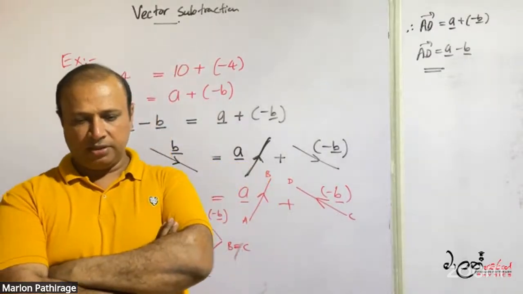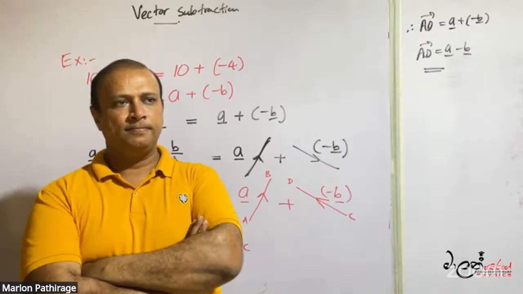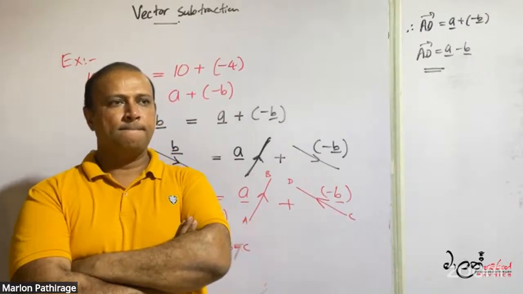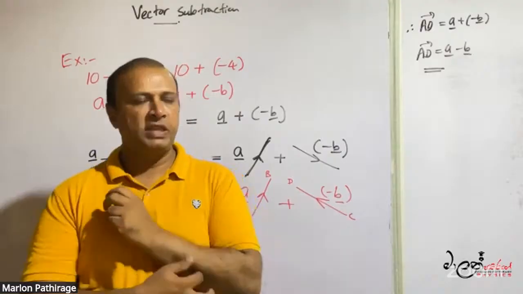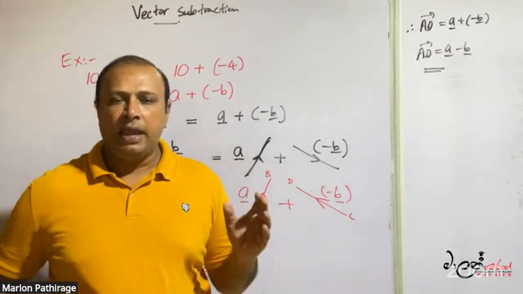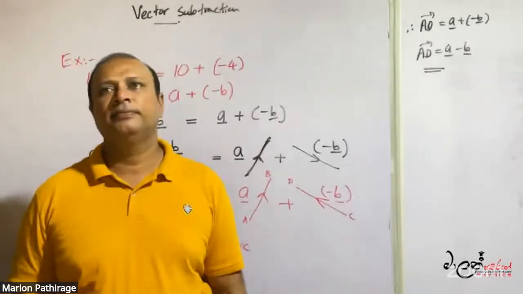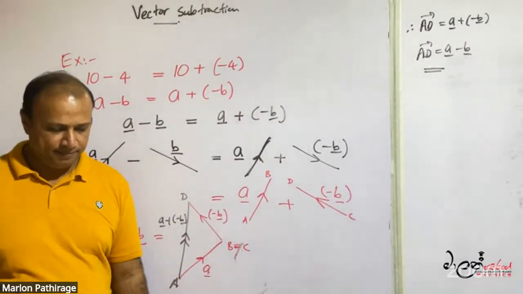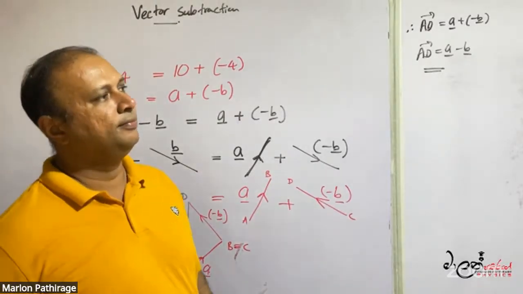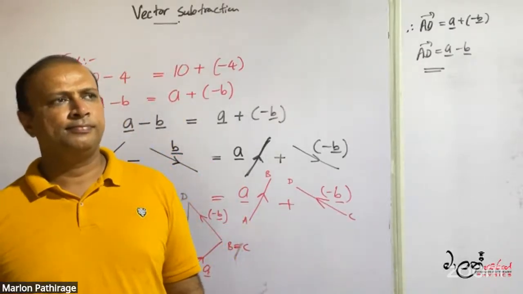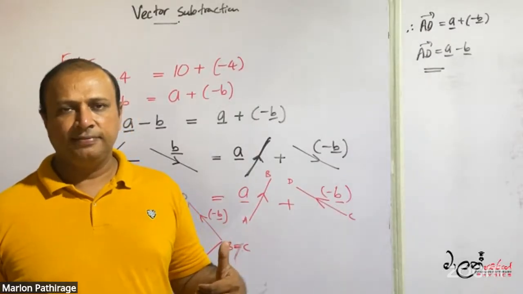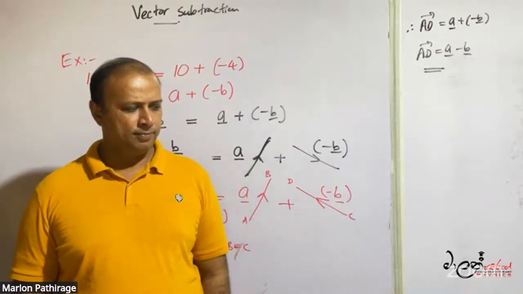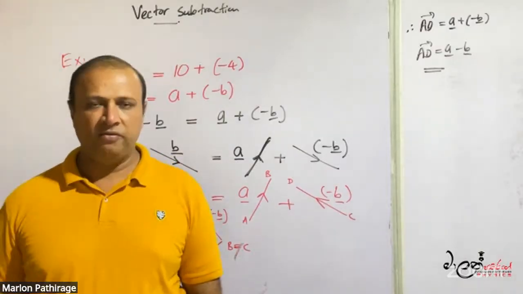Therefore, subtraction of two vectors equal to the addition of first vector with the negative vector of the second vector.